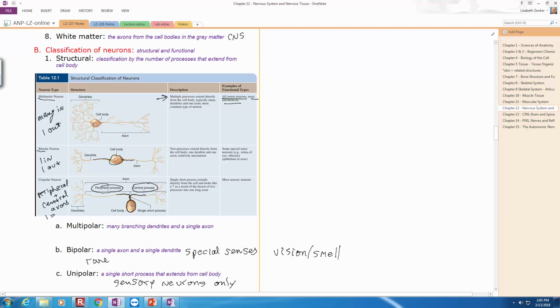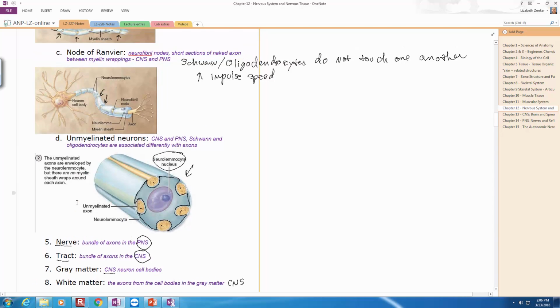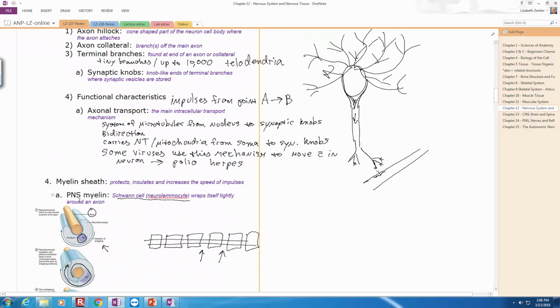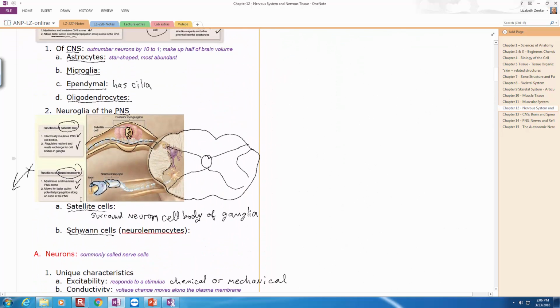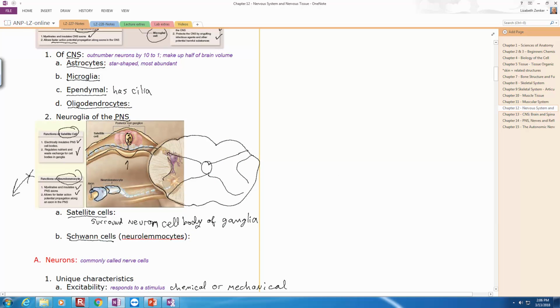Uni means one, right? And so one connection to the cell body. So where we see this, you actually just saw this a moment ago. If I scroll back up to this picture up here, this guy right here. Okay, he was a unipolar neuron. Notice there was myelin on both sides, right?